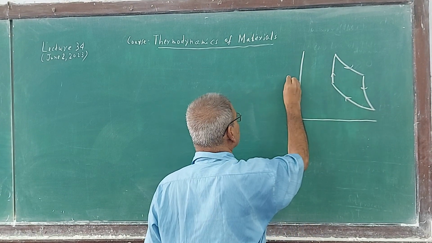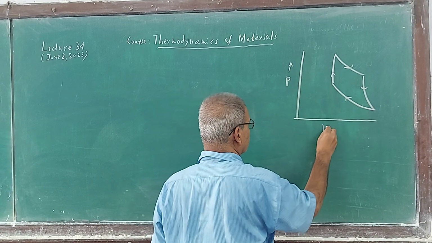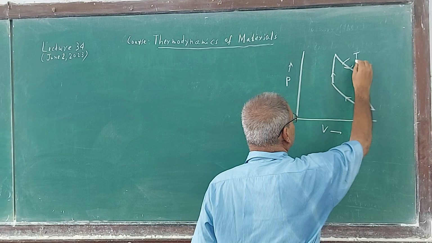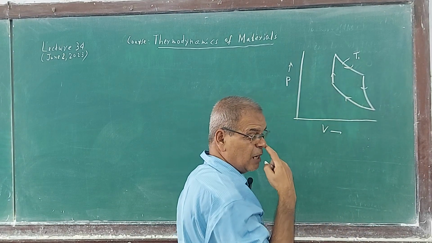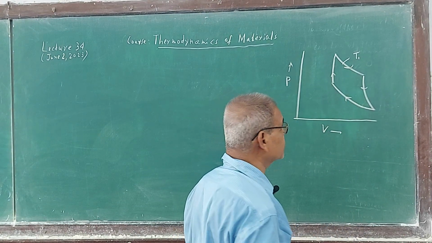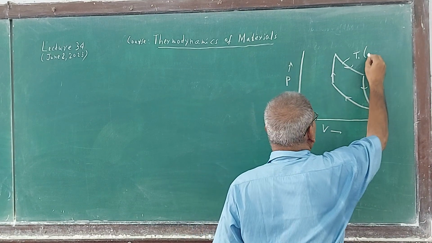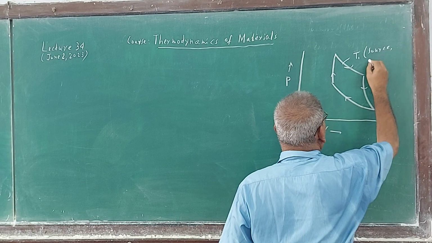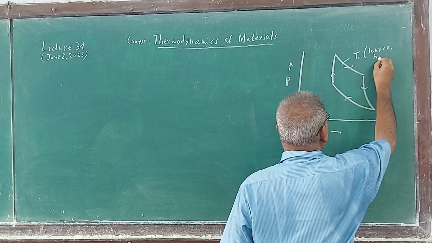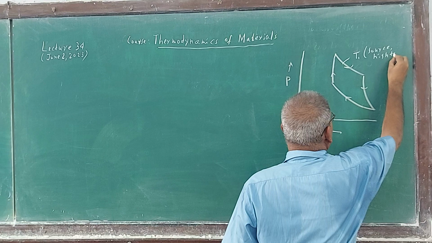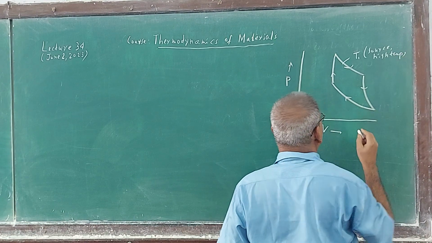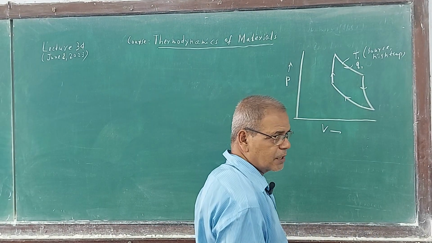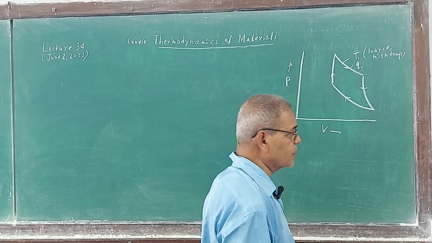This is the PV diagram, and this is, as you know, one high temperature reservoir, we say source, high temperature source, temperature T1, and Q1 is the corresponding heat involved at this.